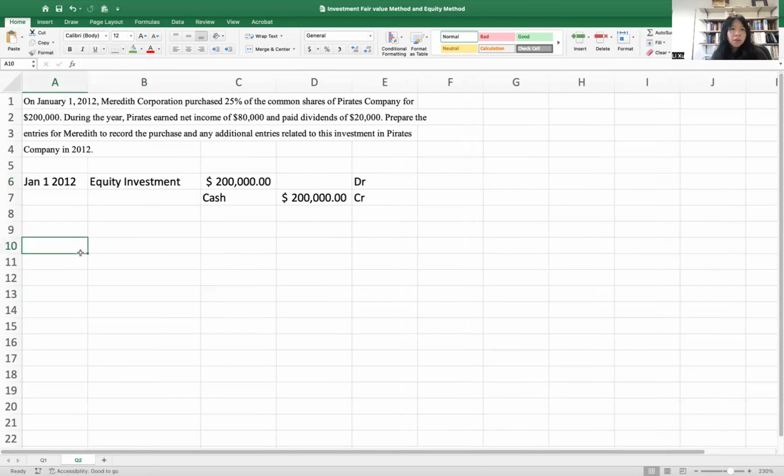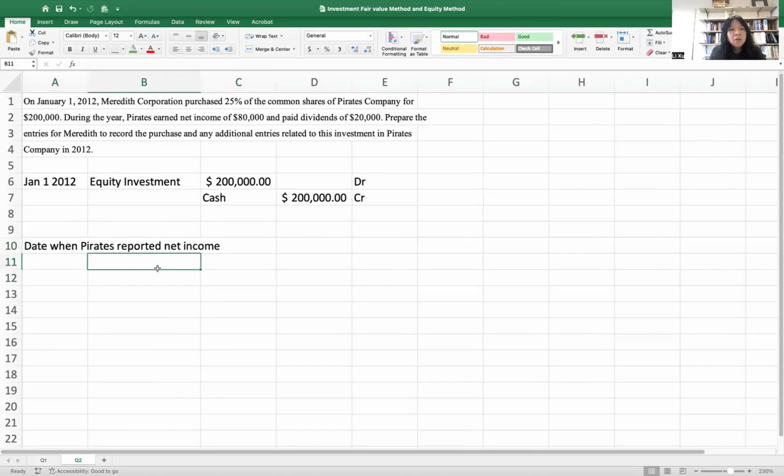The second journal entry should be on the date when the invested company reported the net income. I don't know exactly when it is, but when the invested company reports the net income, that's when you should have the journal entry.